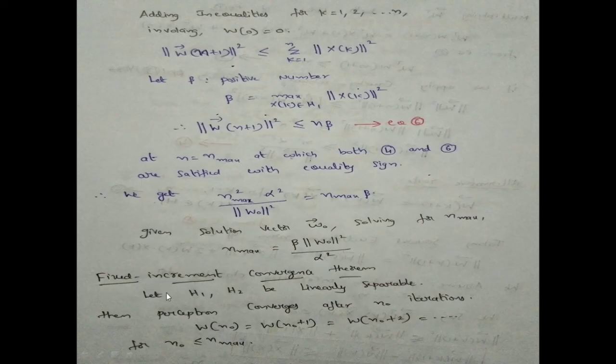We now state the fixed increment convergence theorem for the perceptron as follows. Let h1 and h2 be the linearly separable subsets of training vectors, that is, the inputs presented to the perceptron have originated from these two subsets.